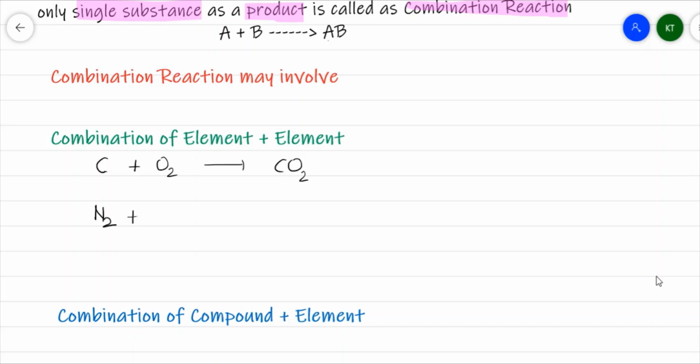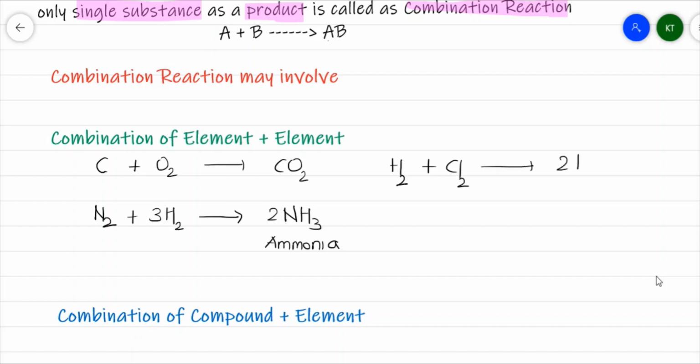Nitrogen as an element combines with hydrogen as another element to give me ammonia as a product. Hydrogen combines with chlorine as another element to give me hydrogen chloride as a single product.